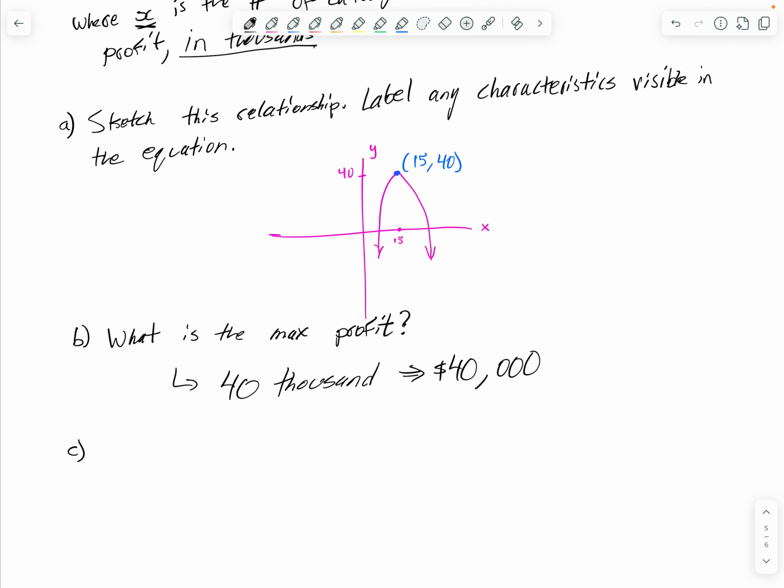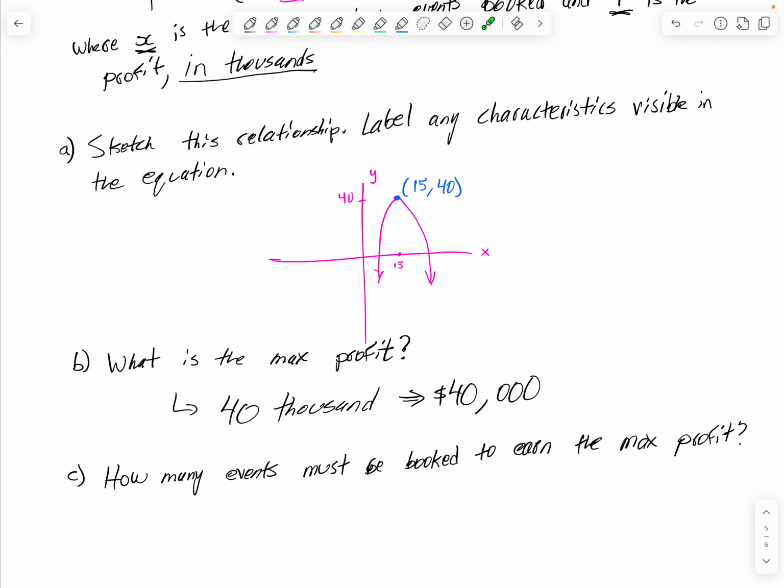Another part that's very often asked is: how many events must be booked to earn the max profit? That's a very good question. If I wanted to earn the max profit, how many events would I have to book?